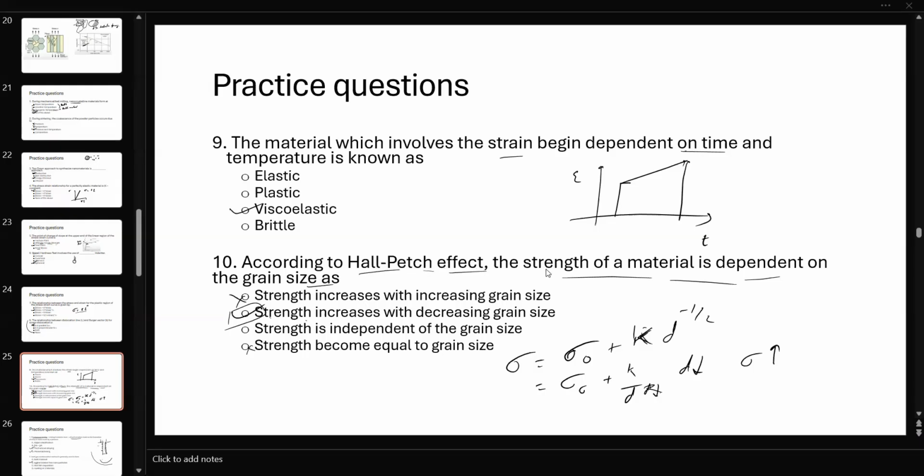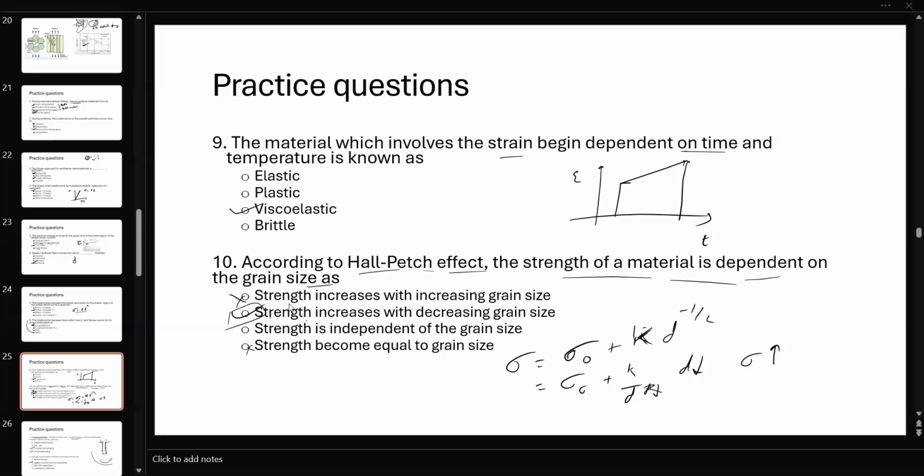According to the Hall-Petch effect, strength of the material is dependent on grain size. So your Hall-Petch equation is sigma naught plus k times d to the power minus half.